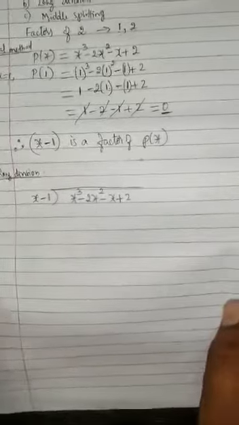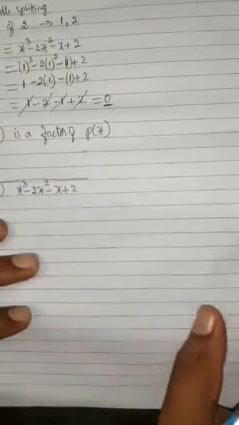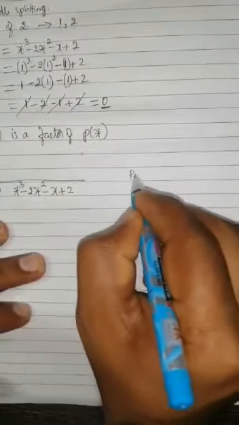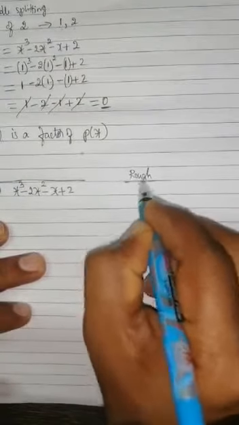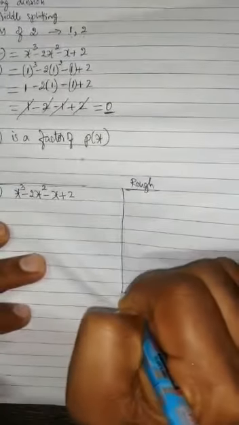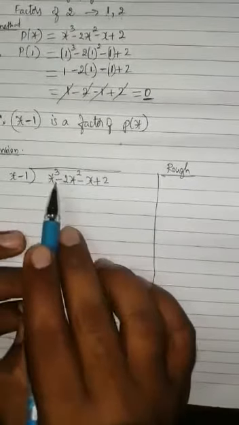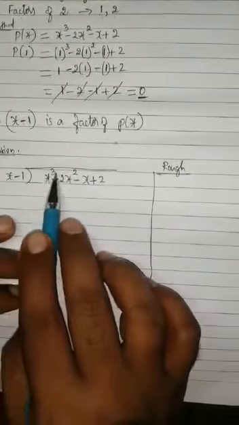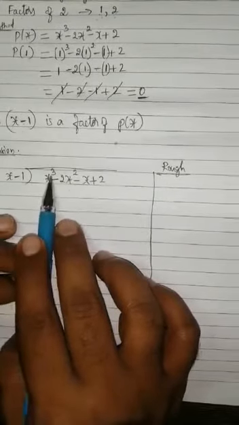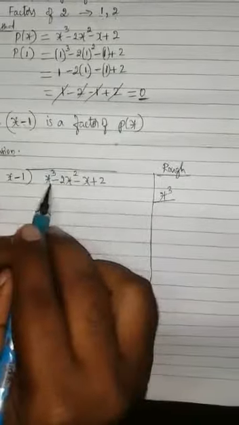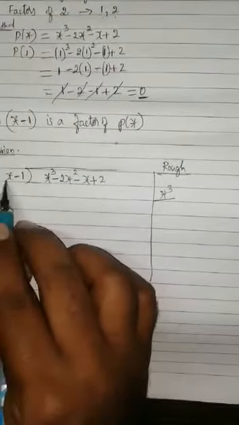How to do the long division? If you do not know, please watch carefully. Let me take this as a rough part. Now what is the first term here in the polynomial? That is x cube. Let me write it over here, x cube divided by x, the first term here.